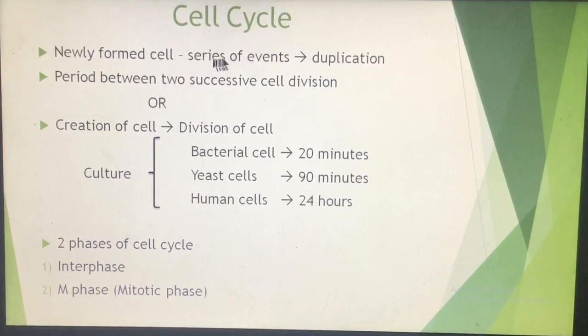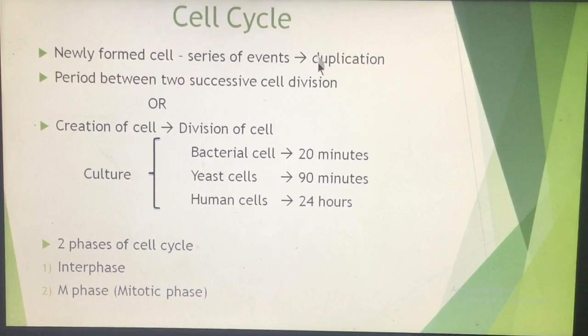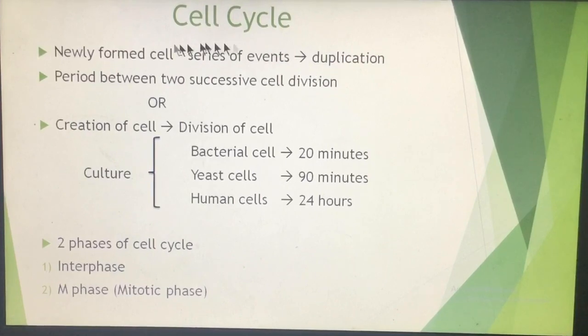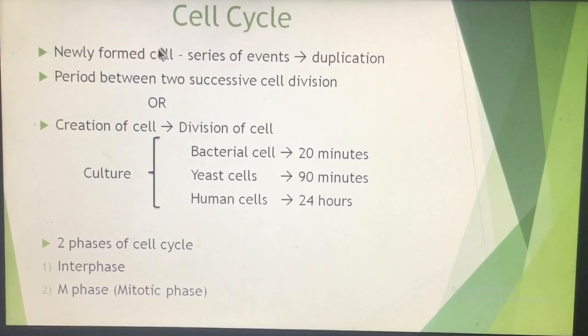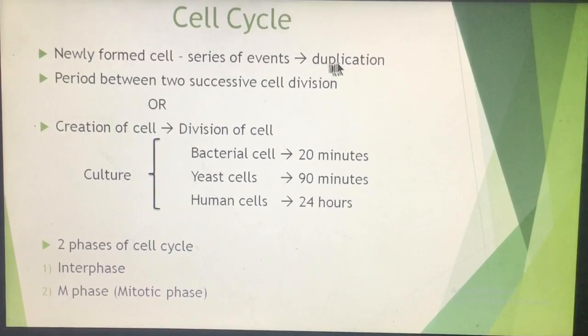A series of events are shown in this cell, and ultimately this cell divides into two. That means it gets duplicated during cell division. We will be talking about all these events, and ultimately a single cell gives rise to two cells, which is known as cell division, or the duplication of that cell.